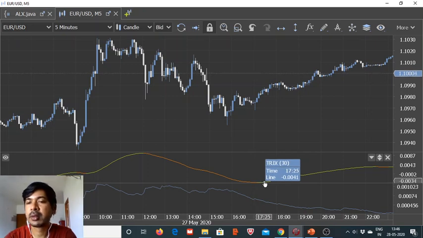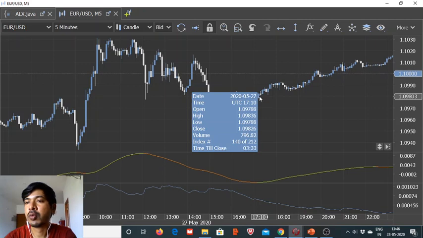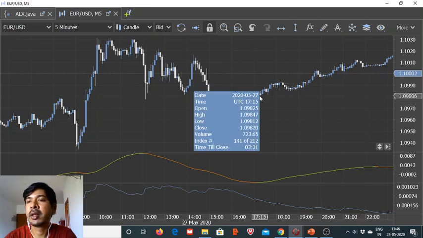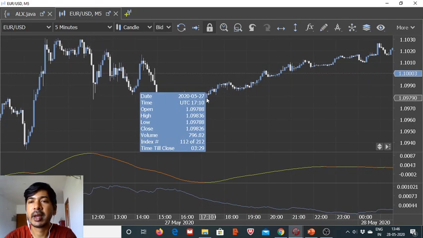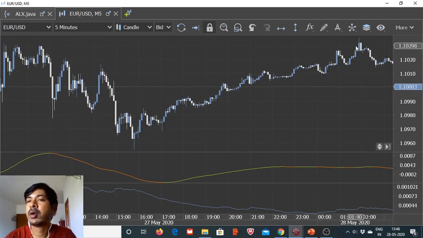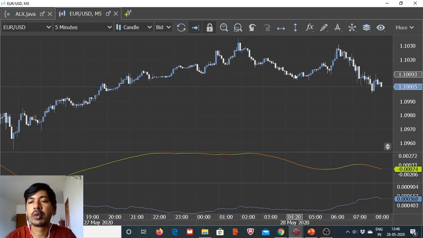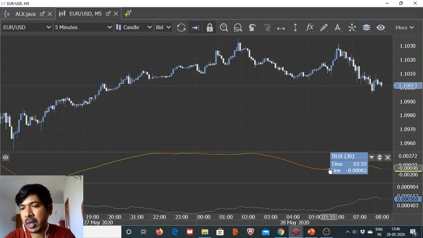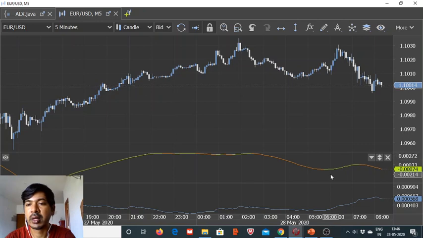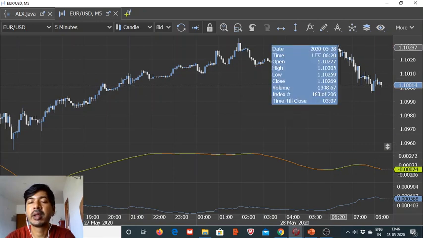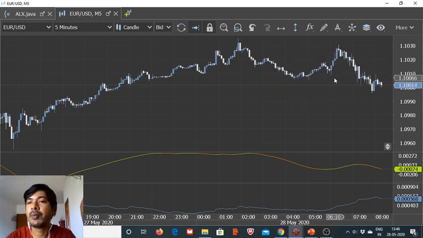So this is somewhere close to 1.098, and then if we had entered into a buy trade, then it would have gone on to bring in around 40-50 pips, and then again it goes sideways, and in this time again the momentum goes into negative territory and then starts to pick up, and somewhere here the trade would again happen, and then after going 14-15 pips up, the momentum will again shift on the lower side.